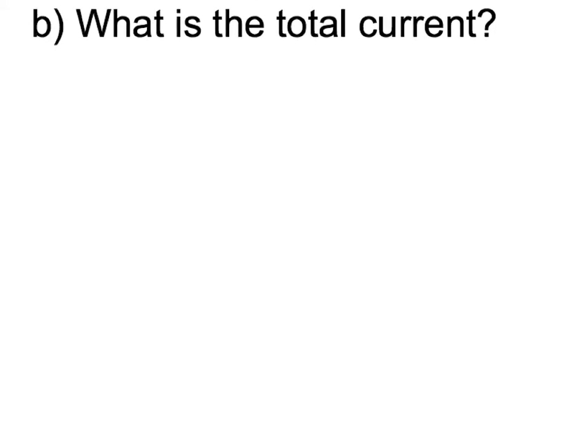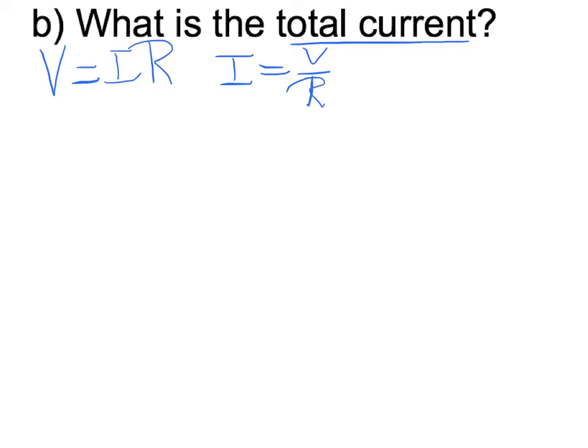The next part of our question asked us, what is the total current? We know from Ohm's law that voltage equals current times resistance. We can rearrange this equation to say that current equals voltage divided by resistance.